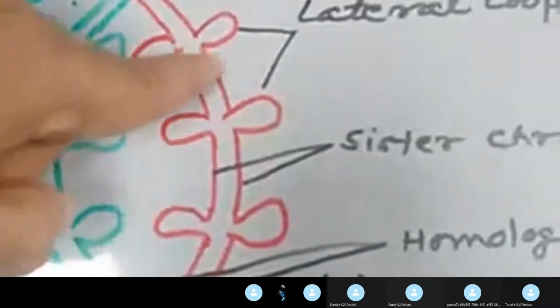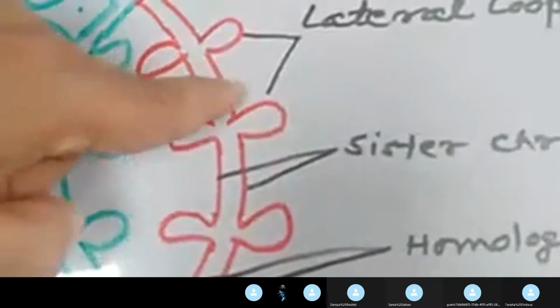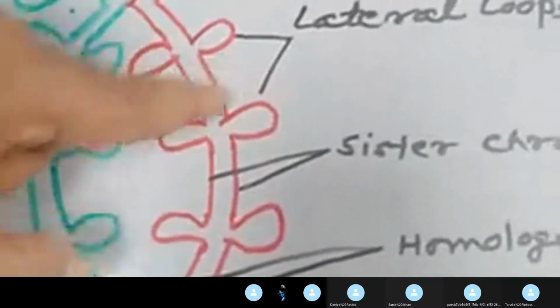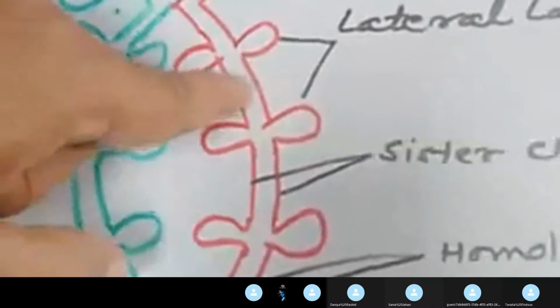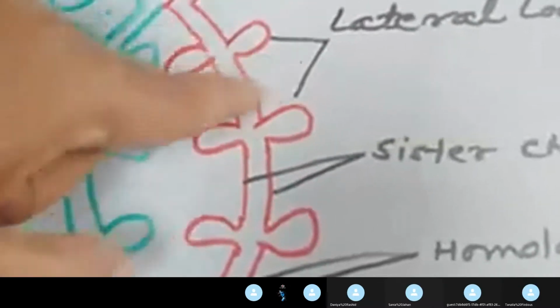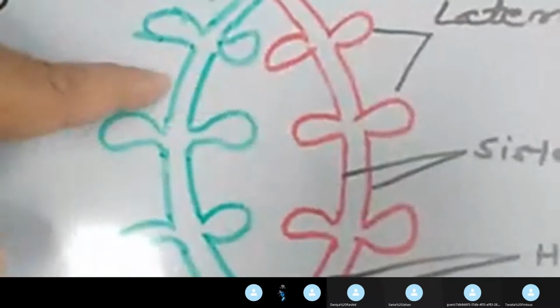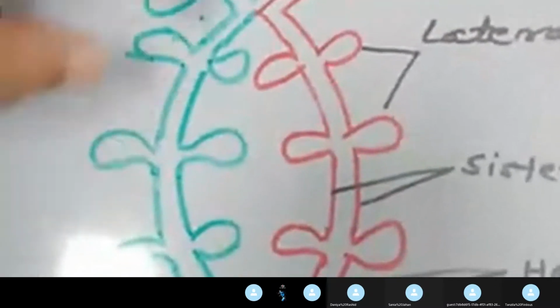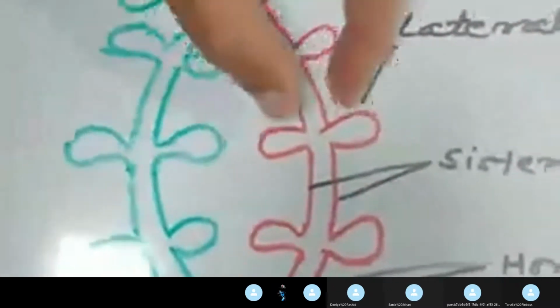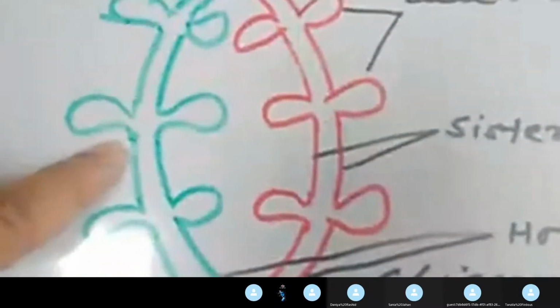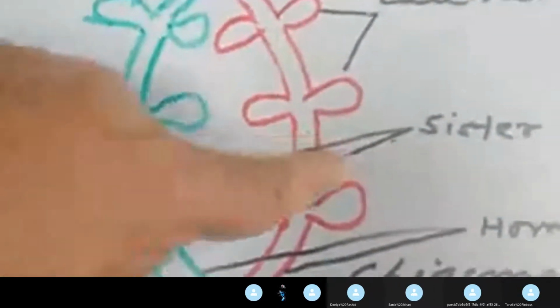These lines show the sister chromatids. One chromosome consists of two sister chromatids: two are represented in red, and two in green. One is from the paternal side and one from the maternal side. In totality, there are 4 sister chromatids: 1, 2, 3, and 4.